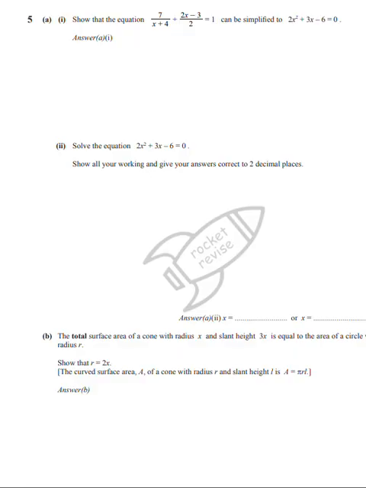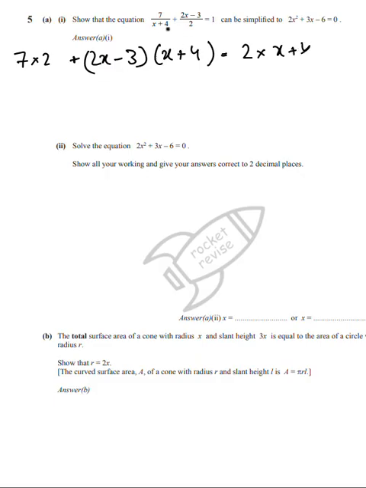Show that 7 over x plus 4 plus 2x minus 3 upon 2 equals 1 can be simplified to this. 7 times 2 plus 2x minus 3 into x plus 4 equals 2 into x plus 4, because when 2 and x plus 4 are taken to this part of the equation, they'll be multiplied with each other, right?